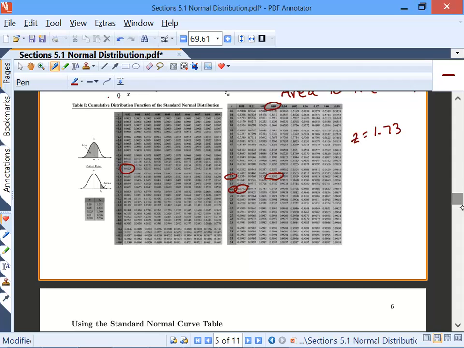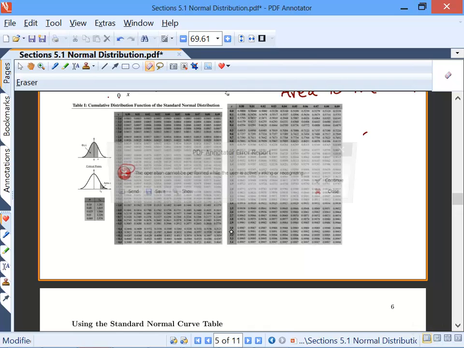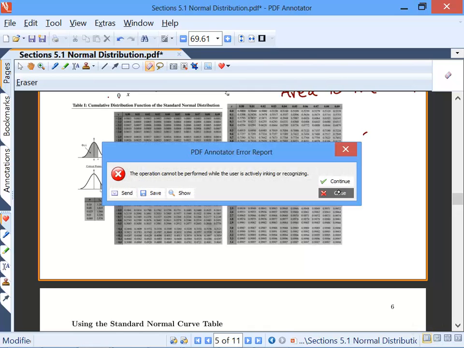Let's come up and look for it. We're looking for 3.18. So 3.1, I go down the side to my 3.1.